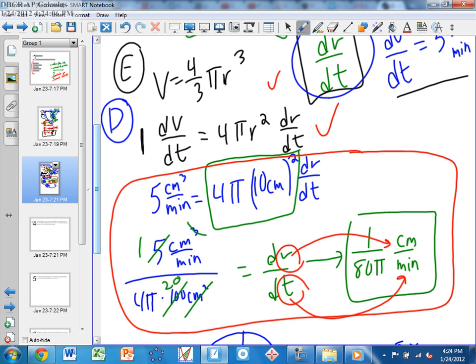If you do all the right work and have the wrong units, you don't get that point. You don't even get a half a point. You might get the points up until here, but that third point, or however many points it's worth, you won't get any of them for the units. You have to have the right units. And that goes for velocity and acceleration also. We talked about that today, so if you weren't here, make sure you check out that video from today.